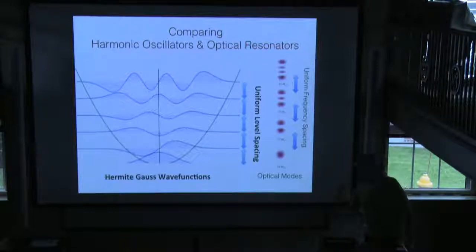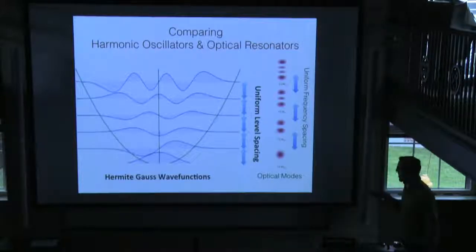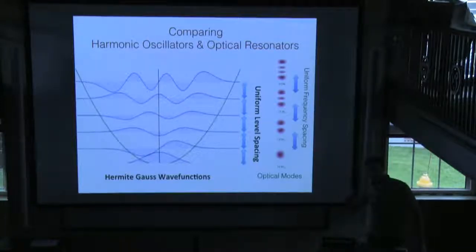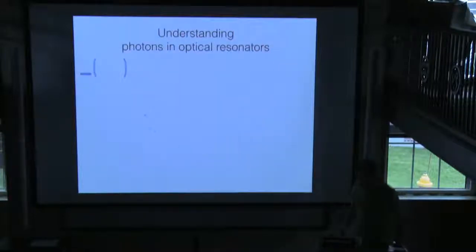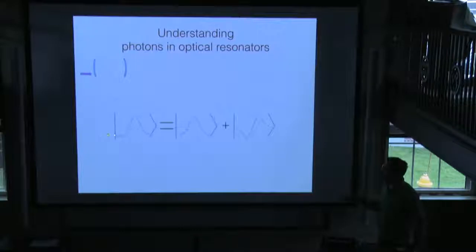And so what this means is, if we think about a single longitudinal quantum number of our cavity, there is a really nice mapping, even formally, between the modes of the cavity and the modes of a mass on a spring.